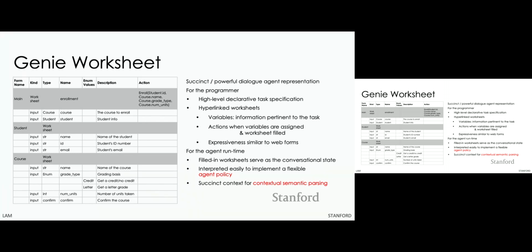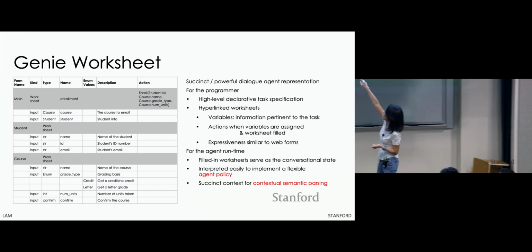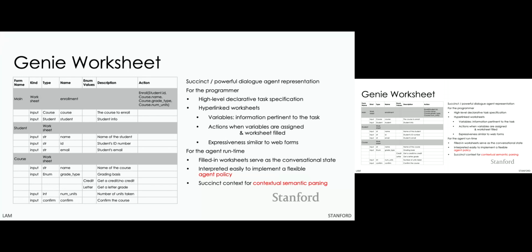And the way to think about it is that you have to decide what is interesting about the conversation. You declare them as variables, and then you say for each variable, what are you supposed to do with it? Okay? And when my whole worksheet is filled, so for example, when all these parameters are filled, then you execute an action associated with this worksheet. That's the developer.